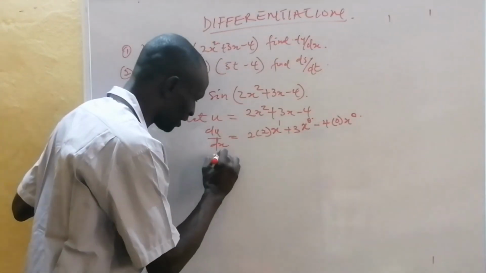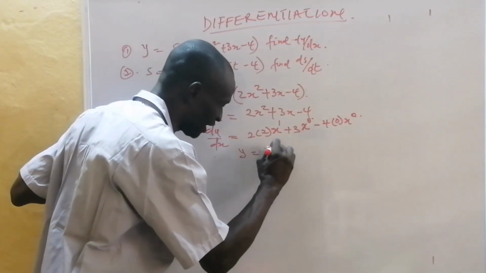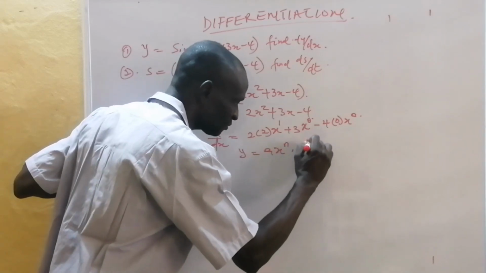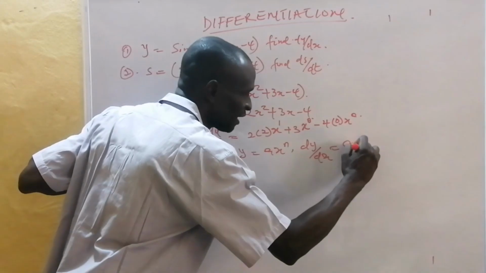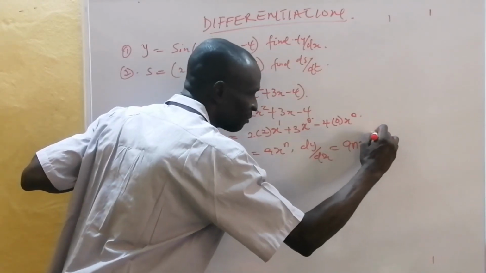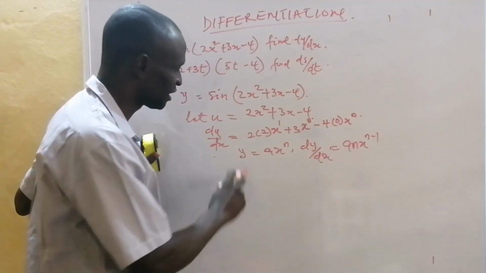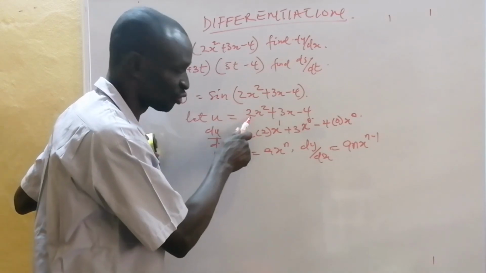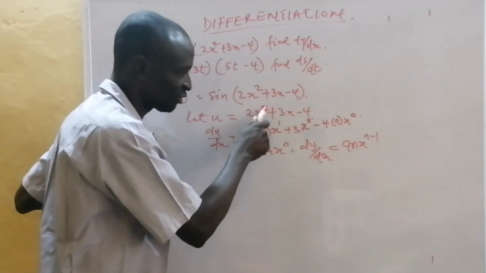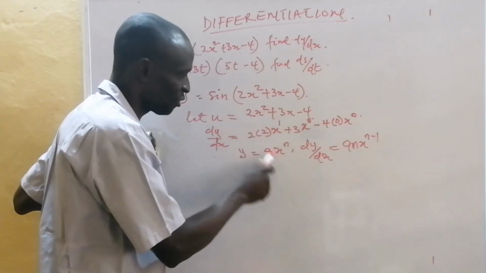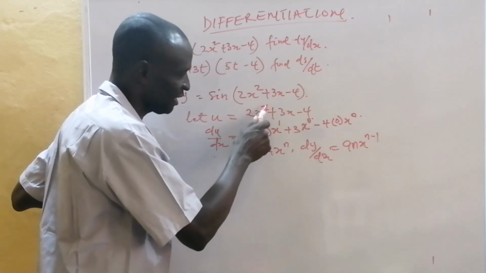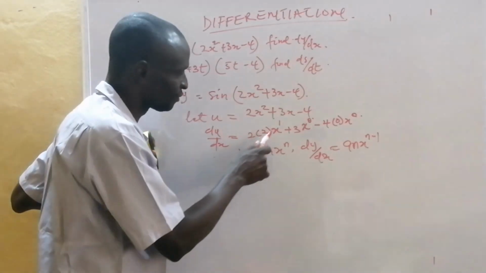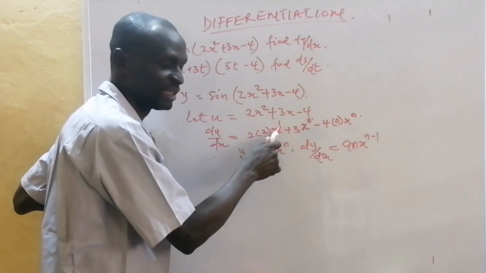Now, using the formula, we say that if y is equal to ax raised to power n, our dy/dx will be the same thing as a n x raised to power n minus 1. So in this case my a is 2 and my n also is 2 here. The n comes here to multiply the 2, and n minus 1 leads to 1.